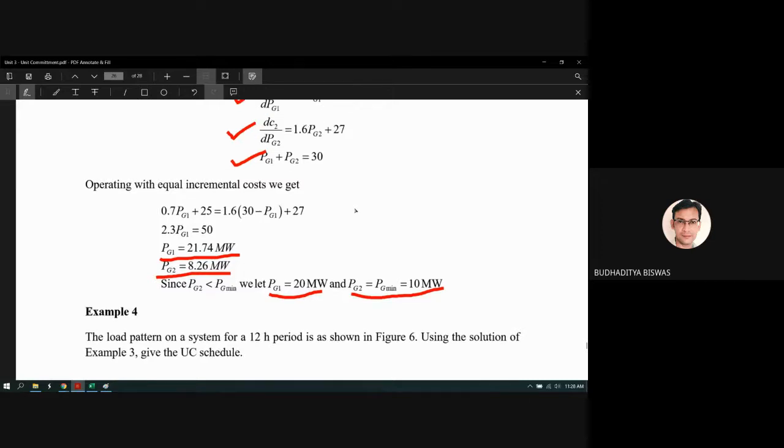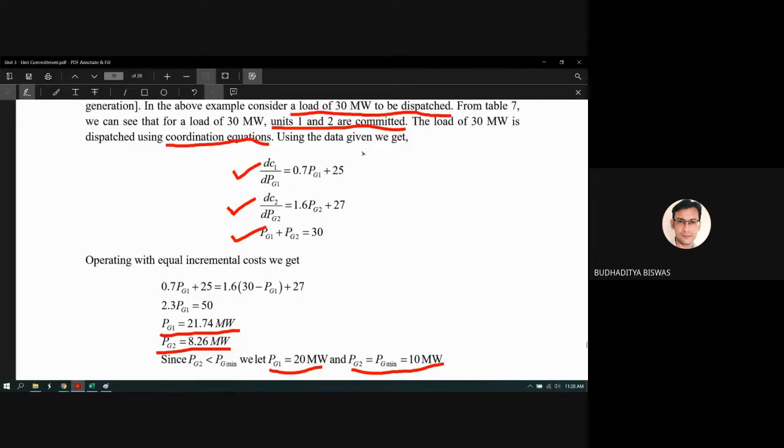This unit commitment solution tells us that when the load demand is 30 megawatt, among the 4 different units, unit 1 and unit 2 should commit, or should generate the electricity, while unit 4 and unit 3 should be decommitted in that particular situation.